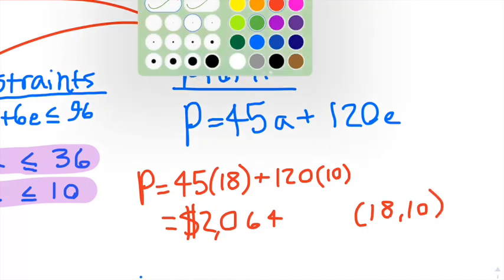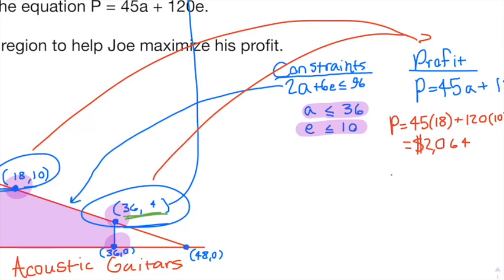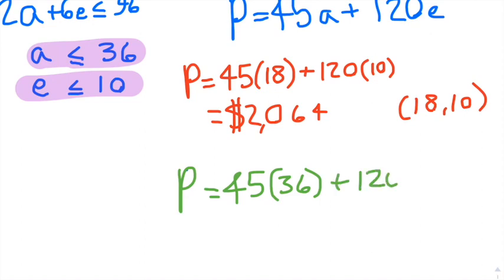I'll color code it here. I'll do the second vertex of the feasible region in green. For this profit, you still go 45, but 45 times 36 this time, and then plus 120 times the 4 electric guitars. When you punch that out, that gets you $2,100 right there.